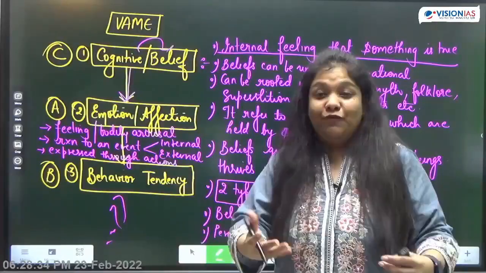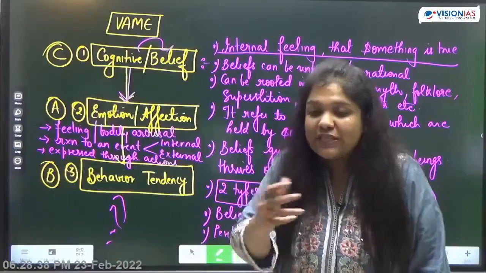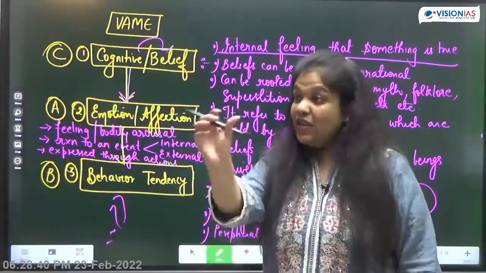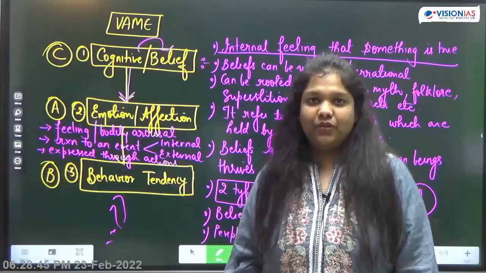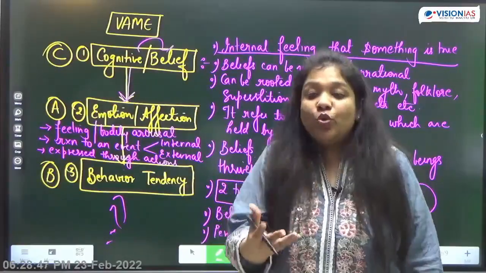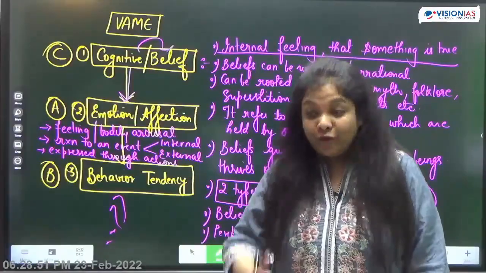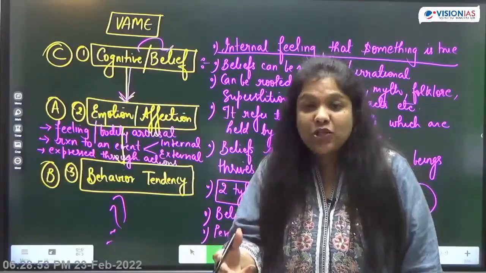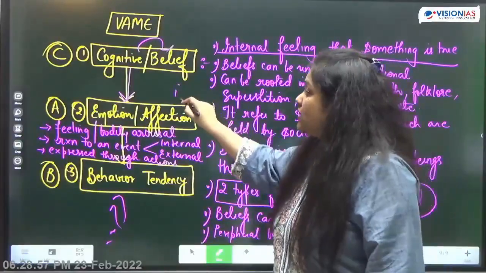It is generating a feeling, a bodily arousal. So that's emotion. Emotion is a reaction to an event. That event can happen outside, that event can happen within you also. And often your emotions are expressed through actions. And trust me, if you are able to express your emotions through appropriate actions, it gives you a sense of relief.